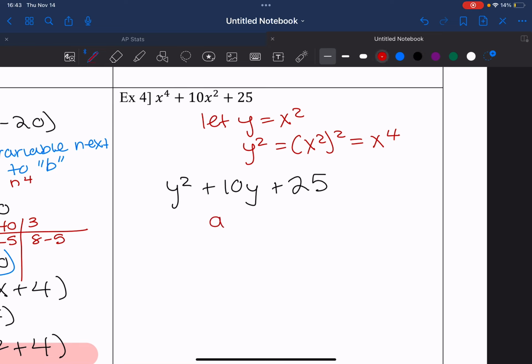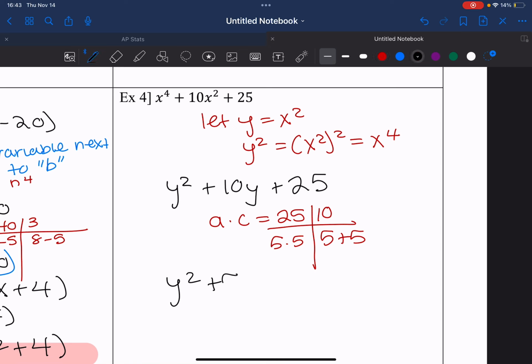Well, my a times c is 25 and my b value is 10. So two numbers that multiply to 25, so 5 times 5, but also add to 10, 5 plus 5. So that means I get y squared plus 5y plus 5y plus 25.